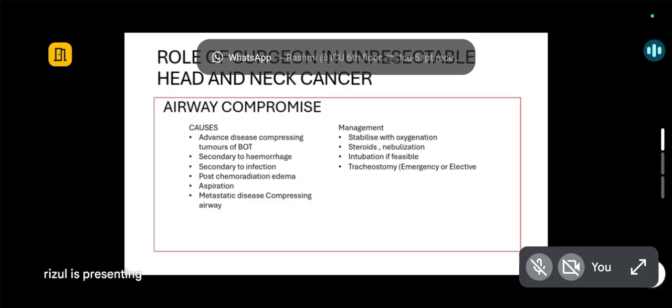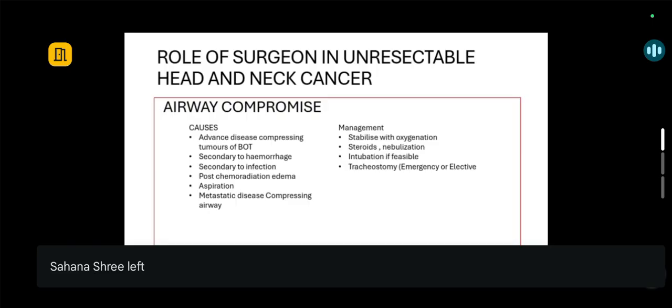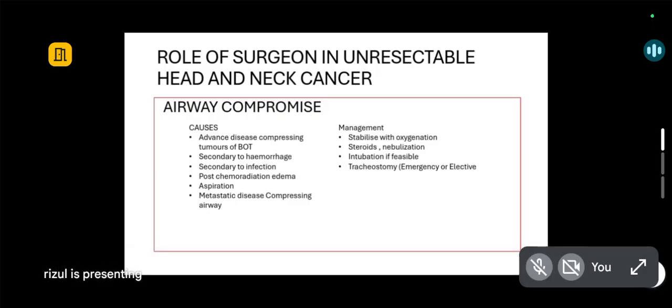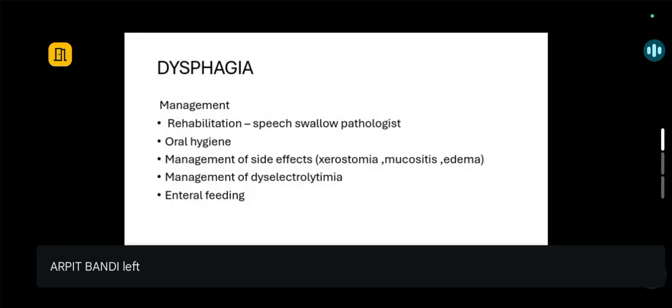If there is an airway compromise, because the disease is compressing the oral cavity, specifically tongue cancers compressing the base of tongue or extending beyond that, or secondary to bleeding, hemorrhage, infection, post chemoradiation edema, aspiration, or metastatic disease compressing the airway, the main management is first to stabilize, then use steroids and nebulization, intubation if feasible, or go with tracheostomy, whether emergency or elective. Because securing the airway is the first thing we need to do.